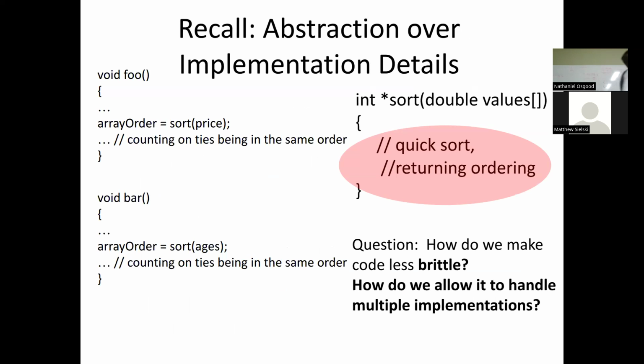So what we were trying to deal with is to avoid problems where, with this abstraction, we change its implementation, we change whether it's sorted with a slow algorithm or a fast algorithm, going from bubble sort to quick sort, and we break code as a result, right? It breaks code that uses this abstraction because it violates a property being counted on by that code. In this case, the ordering of ties are maintained.